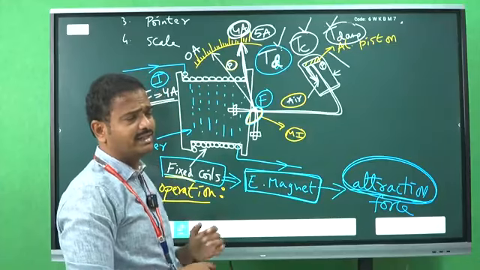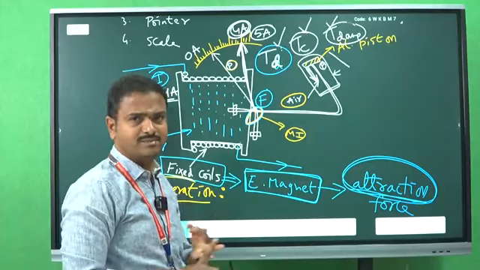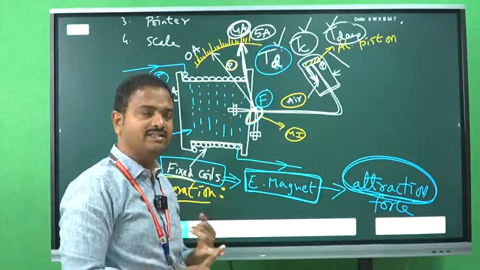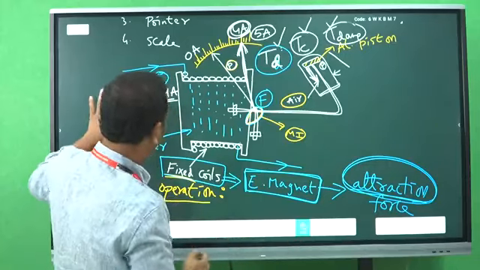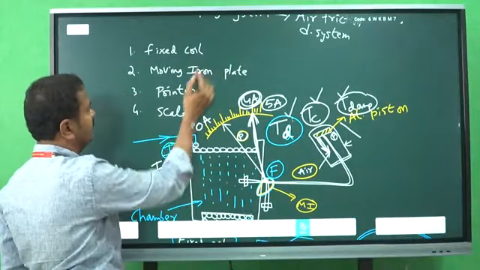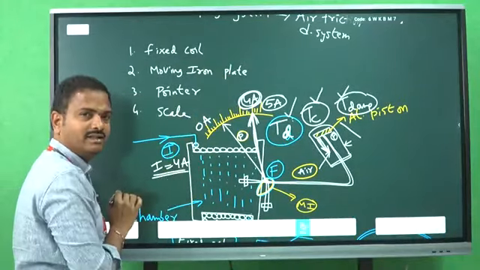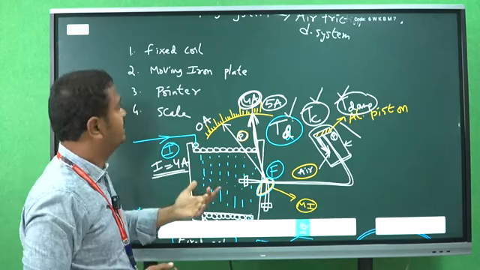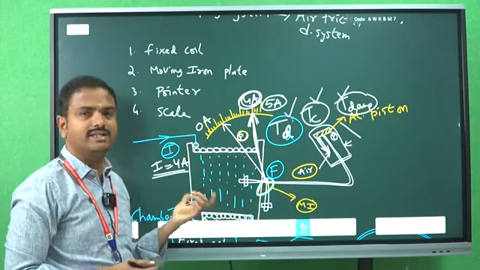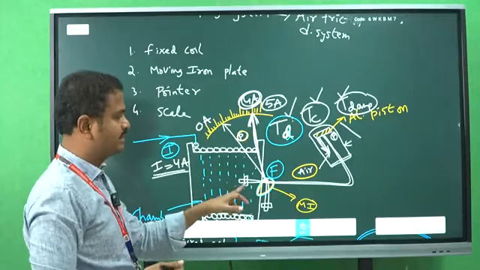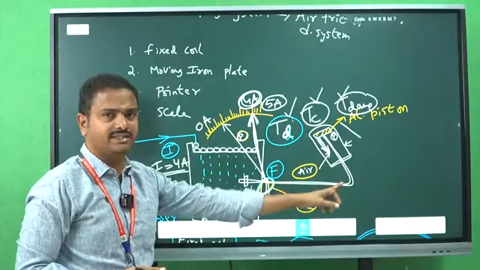So this is the construction and working operation of moving iron instrument. In the construction, we have three types of systems: deflecting system, controlling system, damping system. In the deflection system, we have fixed coil, moving iron plate, pointer and scale. Clear? And the second one is the controlling system. Springs are used for the controlling torque. And damping system is provided by the air friction damping.